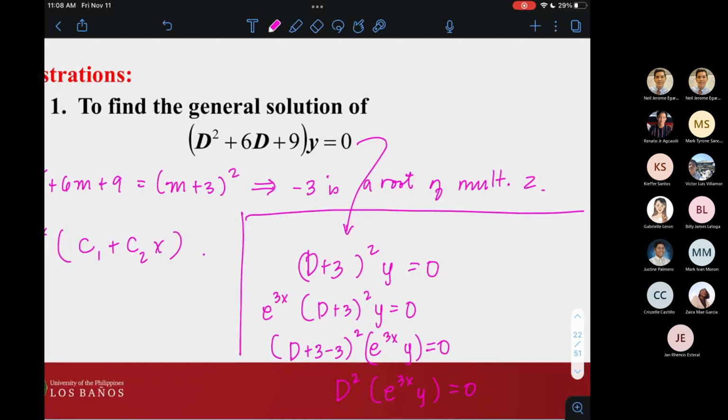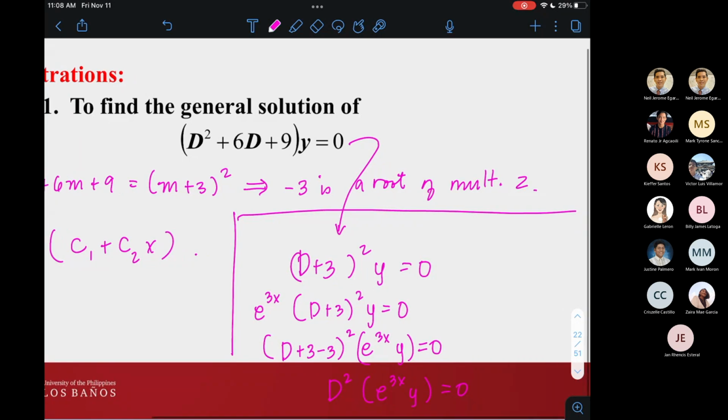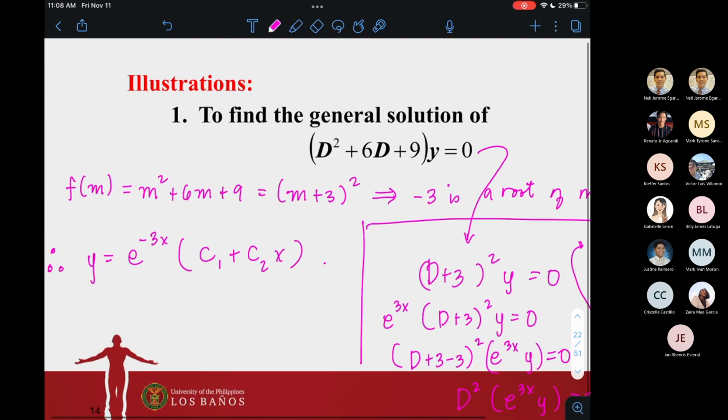Pero kailan nagzi-zero ang derivative, ang second derivative? Nagzi-zero ang second derivative palagi if and only if the mystery function is a linear function. Okay? And then you multiply both sides by e to the negative 3x to find the explicit form for y, and voila, you get the same answer.